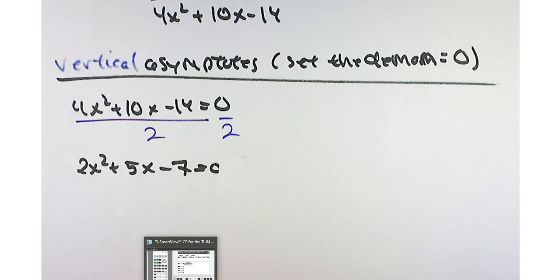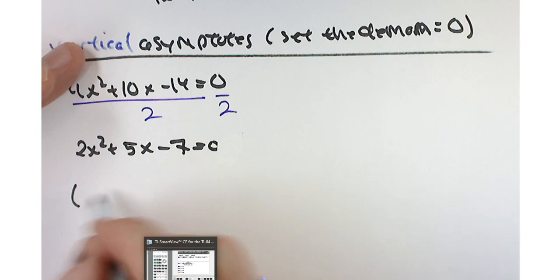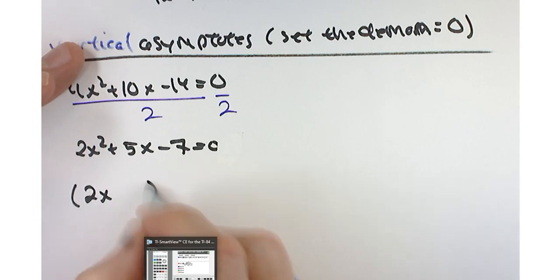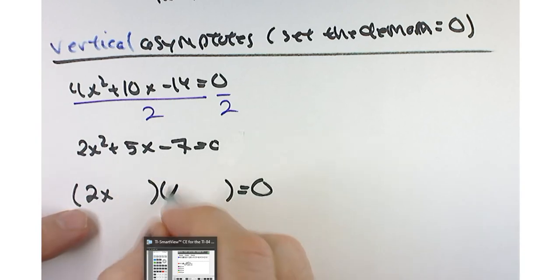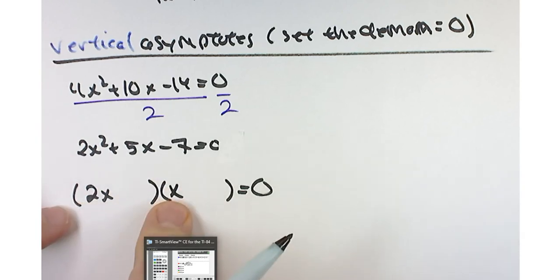If you're not factoring to solve this, what's your alternative? Quadratic. Yeah, the quadratic formula. Yay. So the viewing audience cannot hear the enthusiasm with which my students said quadratic formula, but it was there. In any case, if I'm going to factor, I know I need a 2x and an x.